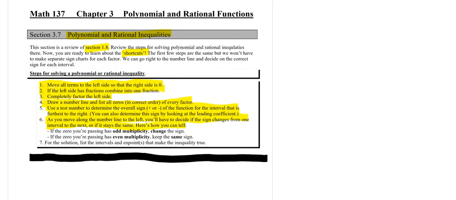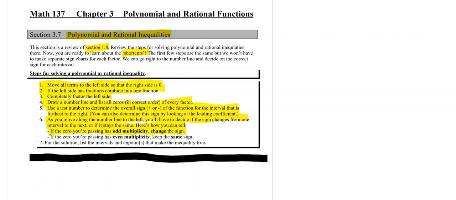As you go, when you get to a 0, you have to look at its multiplicity. If it has odd multiplicity, which means it came from a factor that was to the first power or the third power or the fifth power, then remember that it behaves like a line or a cubic or fifth degree, and it goes through the x-axis, which means the sign changes.